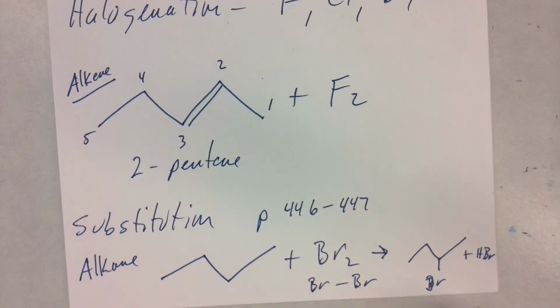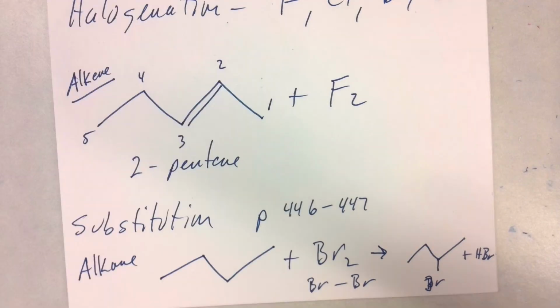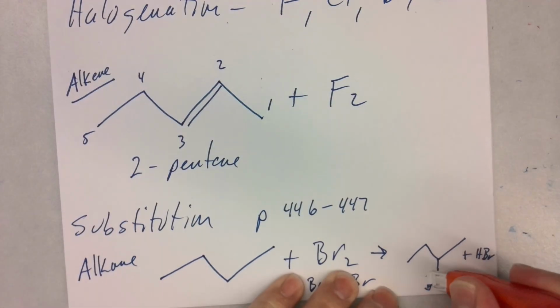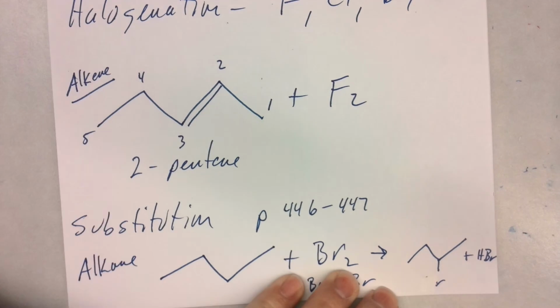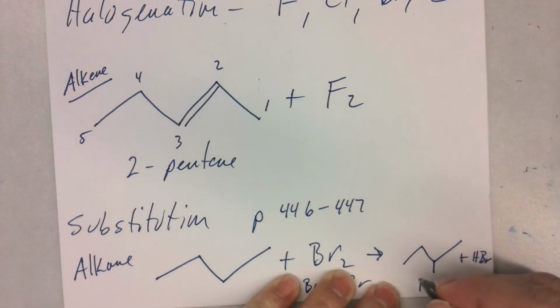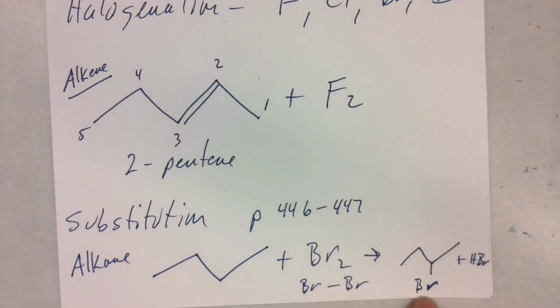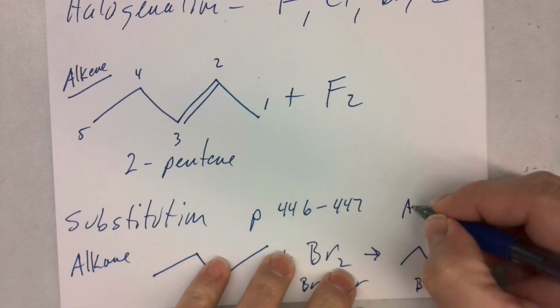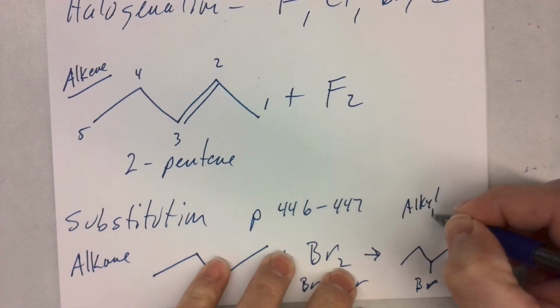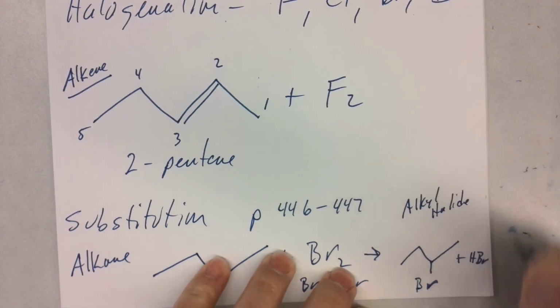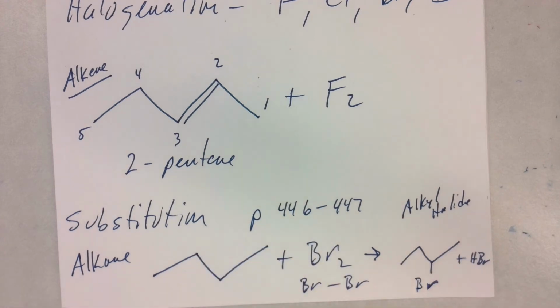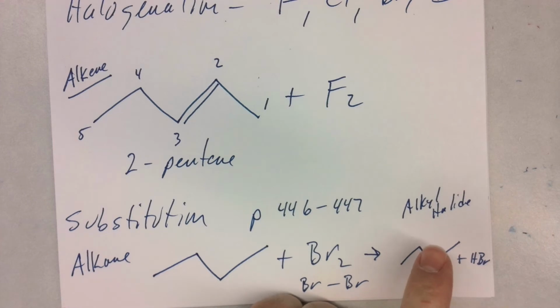and what I get, this molecule right here, I'm going to make that a good Br. Because I've now got that bromine on there, this is now known as an alkyl halide, which goes back to, I believe it was Sierra's question, when you mentioned an ester or an ether.